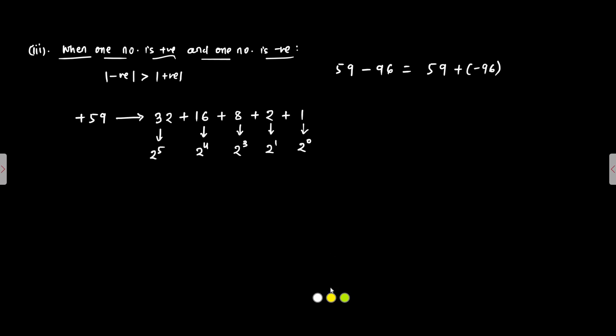So now if you have to represent it using 8-bit format, it is 2 to the power 7, power 6, power 5, power 4, power 3, power 2, power 1, power 0.